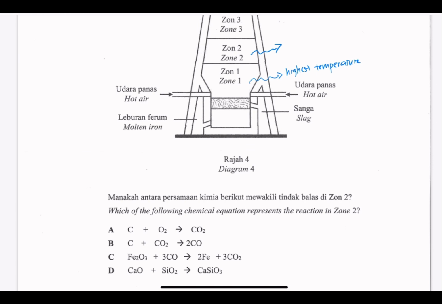In zone 2, the carbon monoxide will reduce the iron ore to become iron. Okay, we go through our answers. The answer is C. The carbon monoxide reduces the iron(III) oxide to become iron.